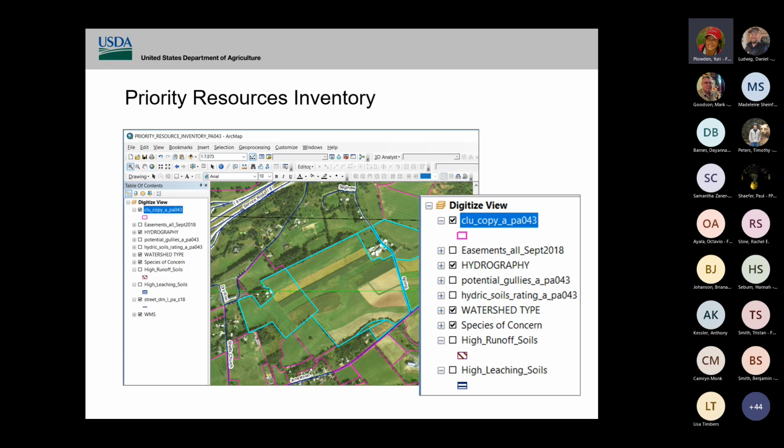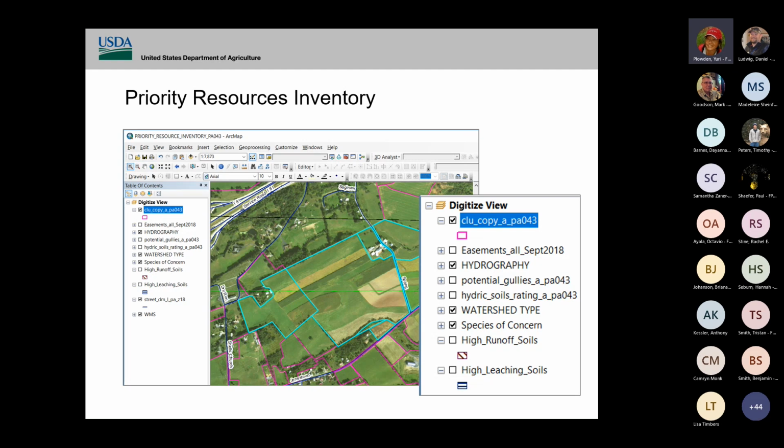You can bring up whether or not it's hydric soils. You can bring up whether you're near an exceptional value stream, if there's any bog turtle or other planned practices within a certain mile radius.